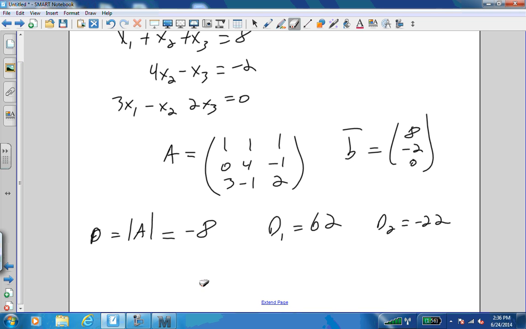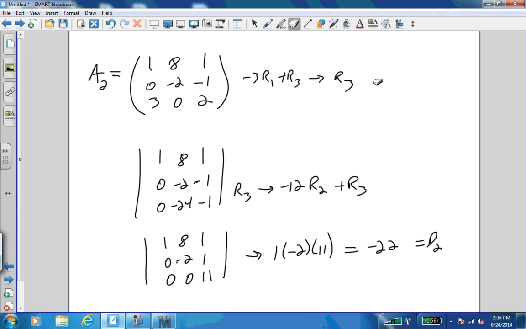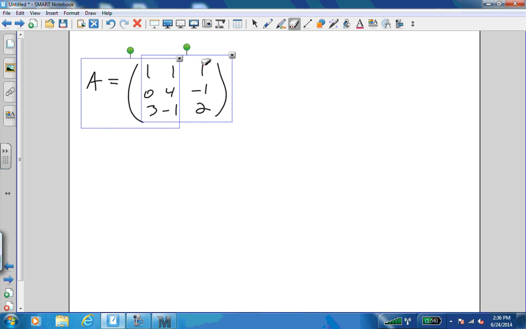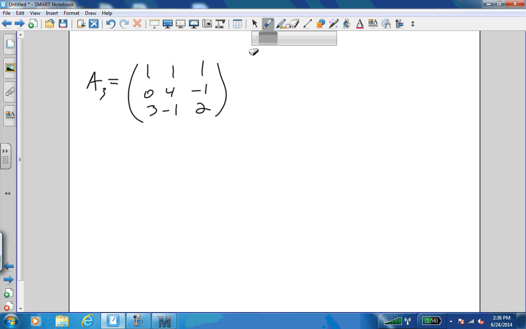One more, we need D3. So if we get rid of this, that's A. So if we want A3, we replace the third row with B. Let's see, however we want to calculate that determinant.